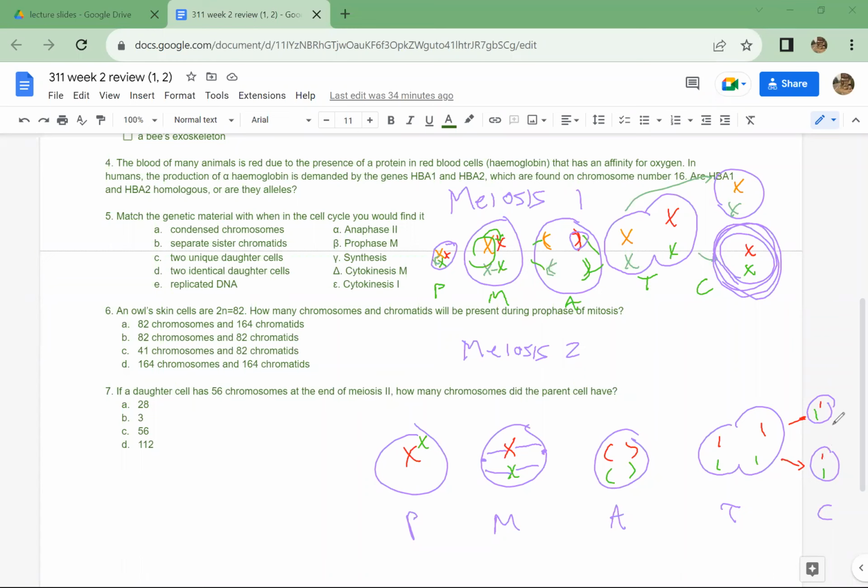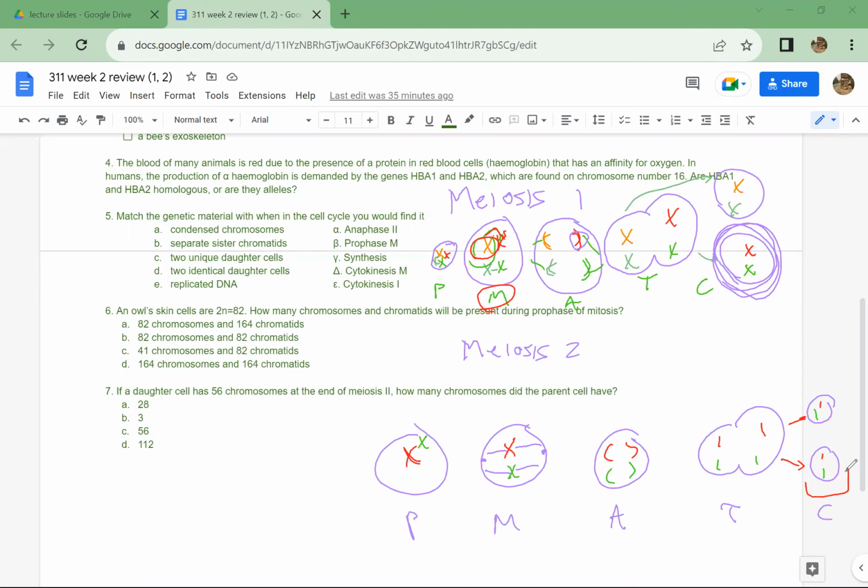And this is different from what we'd get in this cell. So if this were in this place, we'd have an orange here. And therefore, we'd have orange and green instead of red and green. So once again, we see the genetic variation that can arise from independent assortment in metaphase 1 of meiosis. And we end up with these daughter cells.